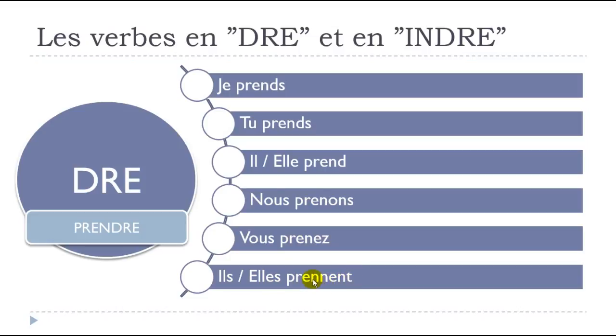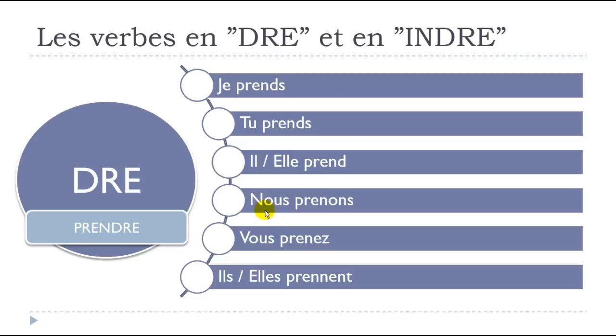So basically you double the N here, and it will give you a different sound because you get to open the sound, so it's prennent. Let's see that one more time. Je prends, tu prends, il prend, elle prend. If we look carefully, these forms are pronounced the same.